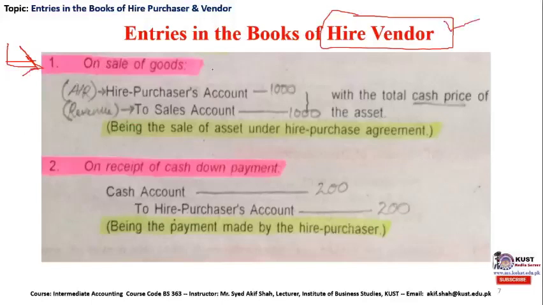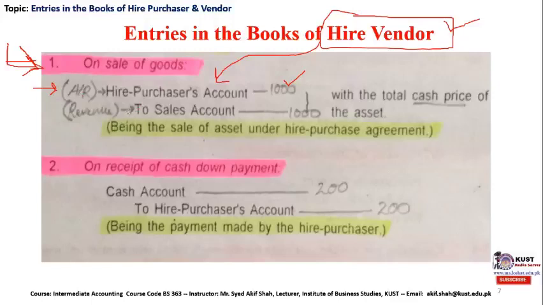On the sale of such goods, the vendor will record the first entry of the sale with the title of hire purchaser account. The one who is purchasing the asset from the vendor, his name along with hire purchaser account will be debited in the books of account of the hire vendor. The reason is it is an account receivable type of account in the hire vendor's books, because this is the amount the vendor has to collect from the hire purchaser.